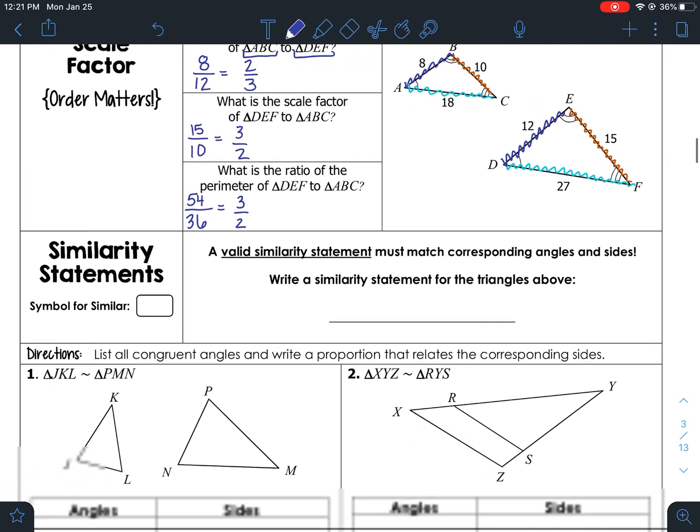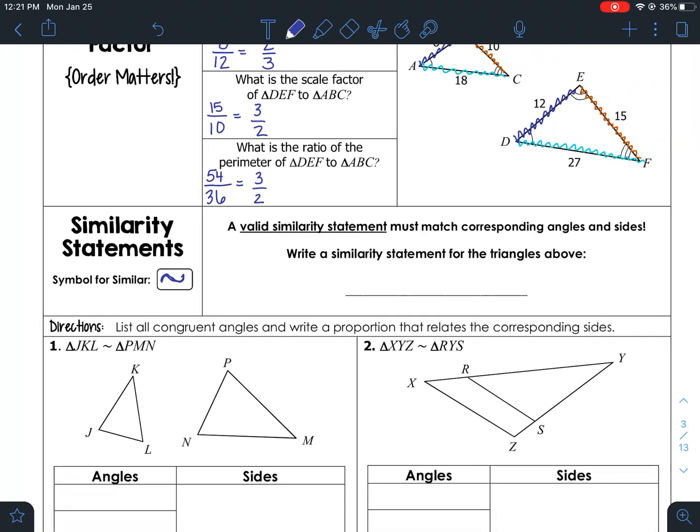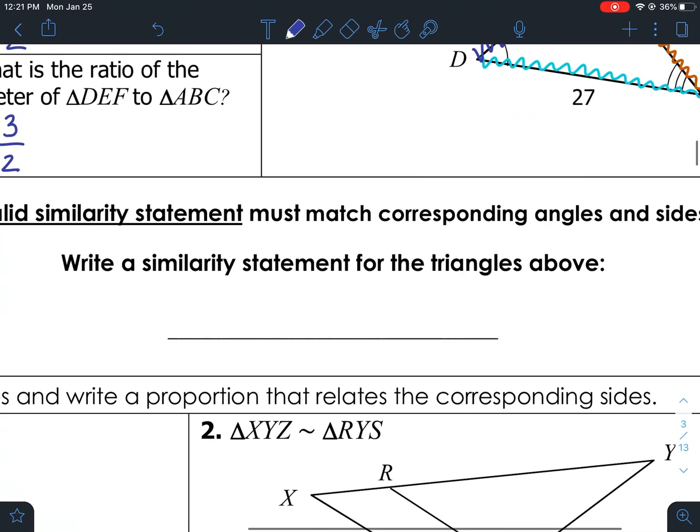All right, so now let's talk similarity statements. So we kind of talked about it a little bit up there. The symbol for similarity is a little squiggle line. Okay, so now we're going to use those triangles up above to write a similarity statement. So I'm going to start with ABC.